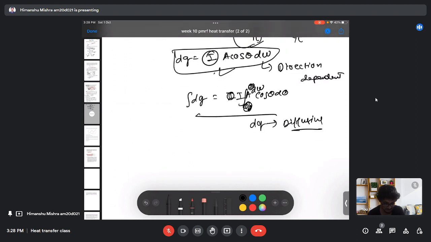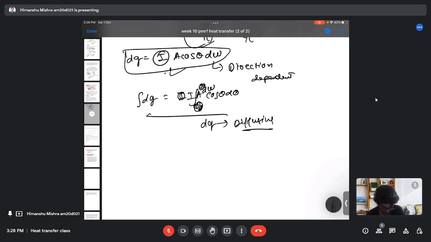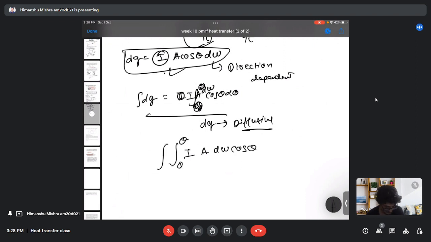And you integrate this expression again in lambda. So I'm integrating in theta and in lambda. This expression, the heat transfer equation, becomes diffusive as well as spectral. That means it will emit all the radiation.